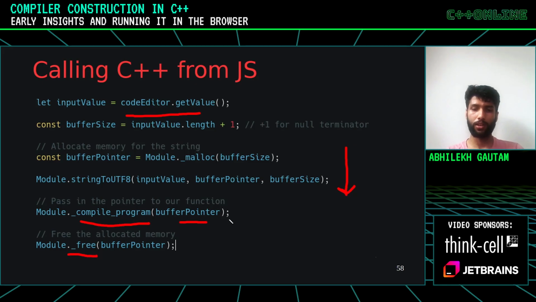The main thing is the compile program call. It calls the compile program we defined earlier, and that function calls the Elixir parser and all the compiler workflow that we need, right? This makes life a lot easier for us to test our compiler directly in the browser.